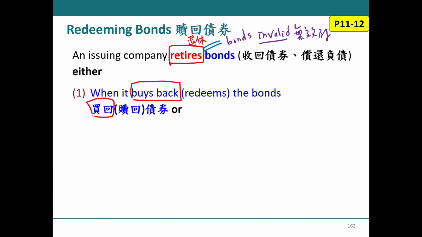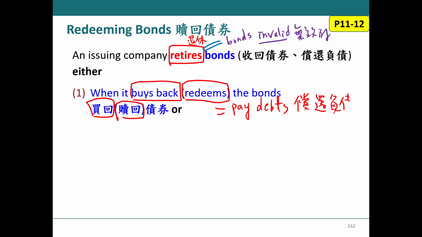Okay. Buy back means redeem, 赎回. So it means what? When you decide to pay debts, 还钱. Okay?